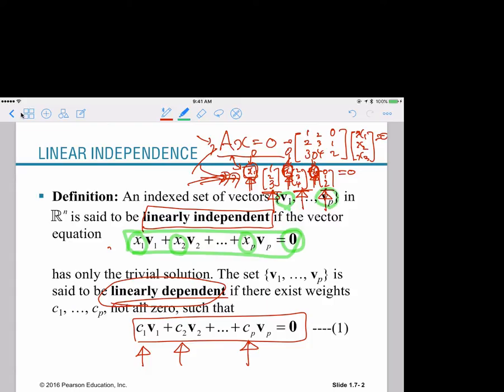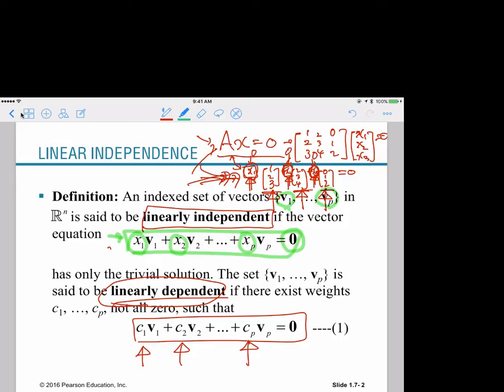In that case, we call these vectors linearly dependent, okay?